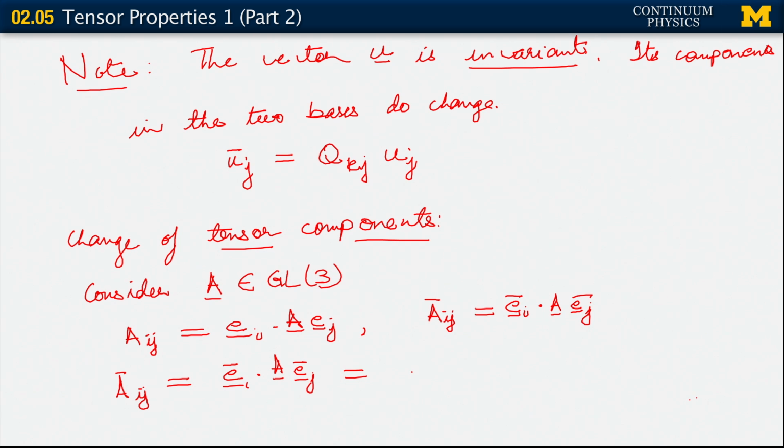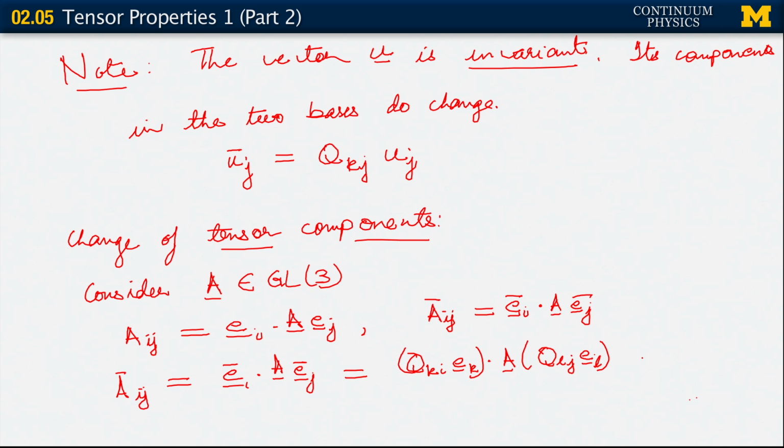So, on the right-hand side, we write it out as, first of all, writing out E bar i in terms of the original basis as Q Ki Ek dotted with A, and E bar j is now going to be written as Q Lj E L.